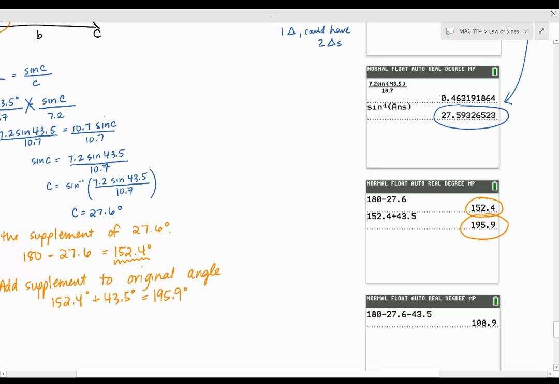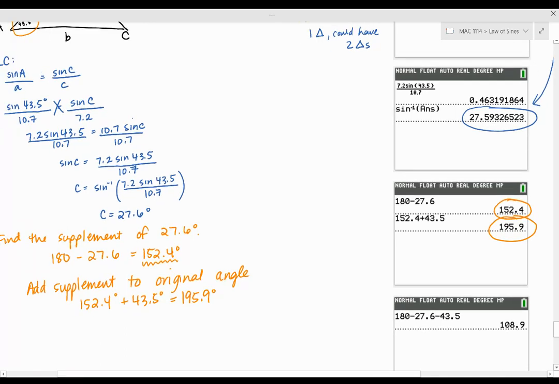When you add the supplement to your original angle, if another triangle exists, then the supplement you found plus the original angle will be less than 180 degrees. The reason it has to be less than 180 is that all three angles in your triangle have to sum to that. When I added my supplement to my original angle, I got 195.9.